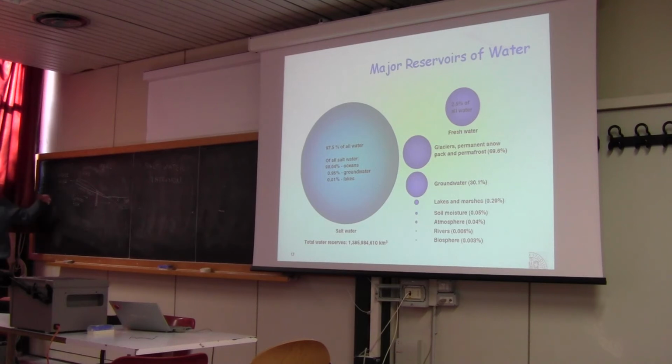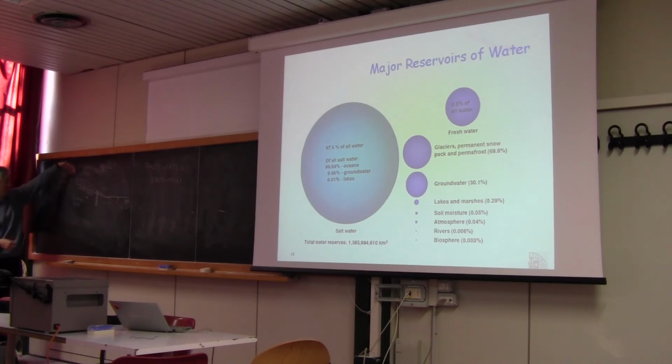And it's very important because in the unsaturated zone you have transport processes of water between the surface and the groundwater. So it's very important to study how water flows in this layer of soil, which is complicated.